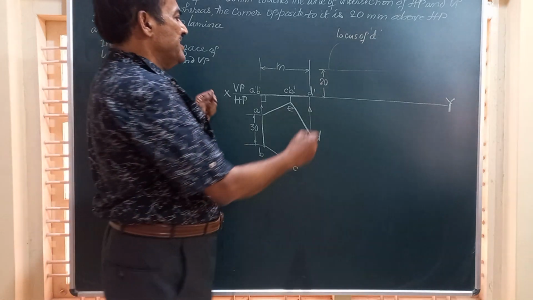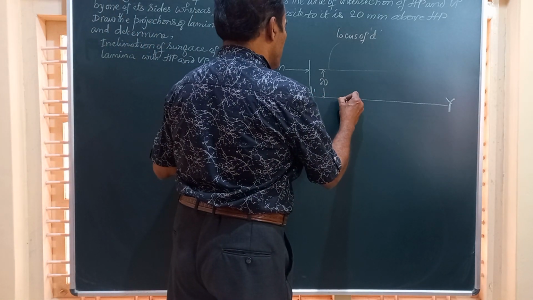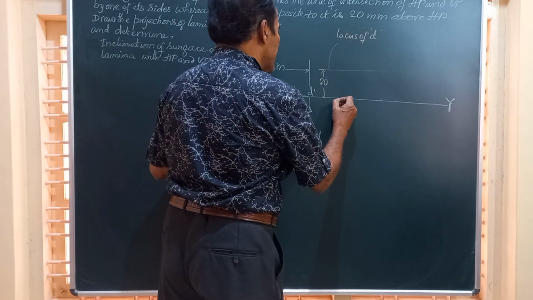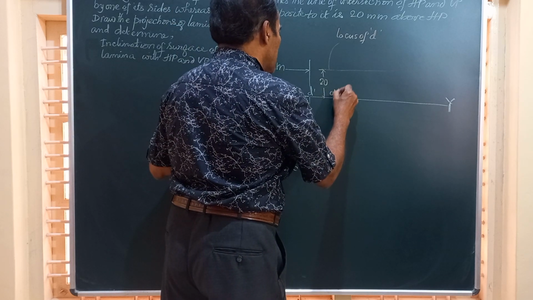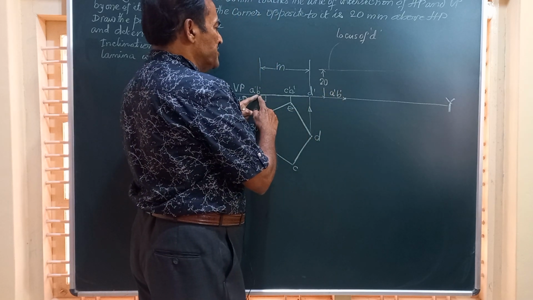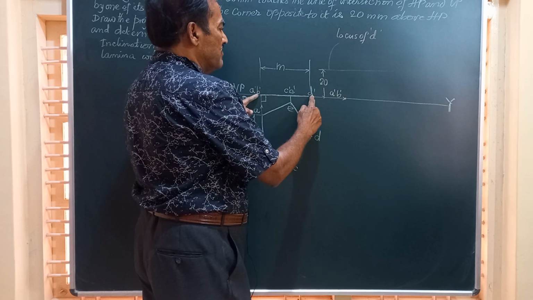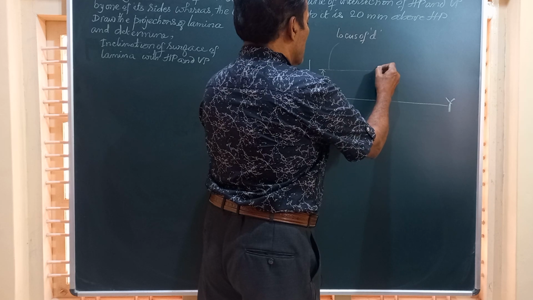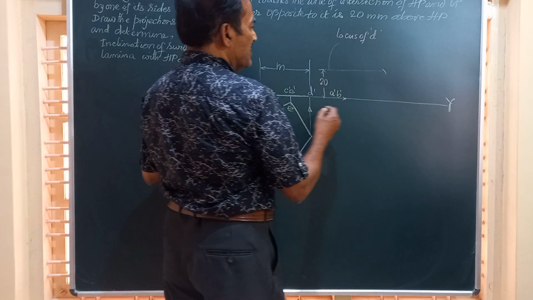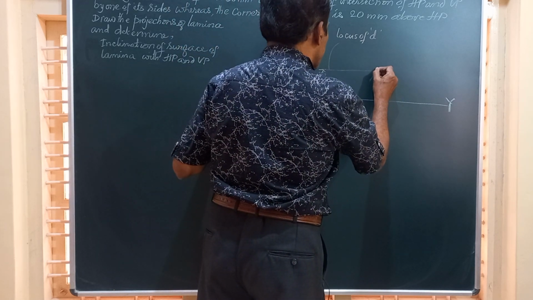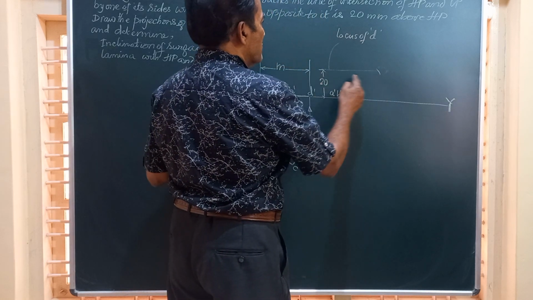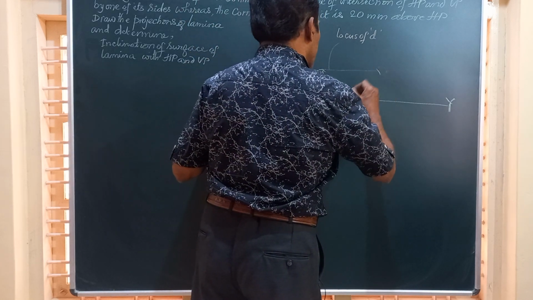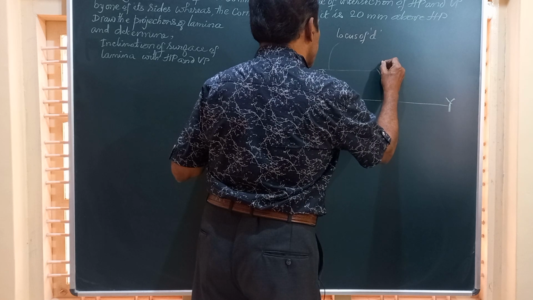Now friends, take some point at random anywhere, mark that as A dash, B dash, and taking center A dash, B dash and length equal to M, you strike an arc, and this arc will intersect the locus of D at a point by name say D dash.